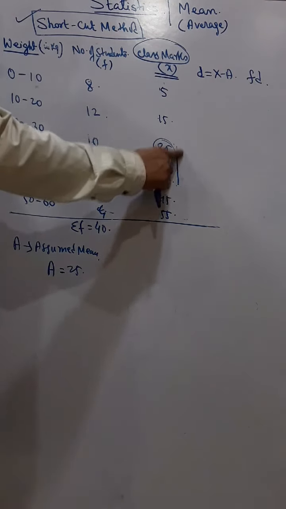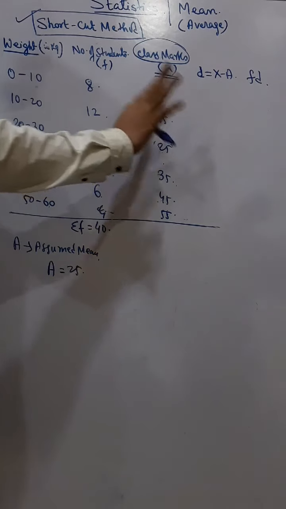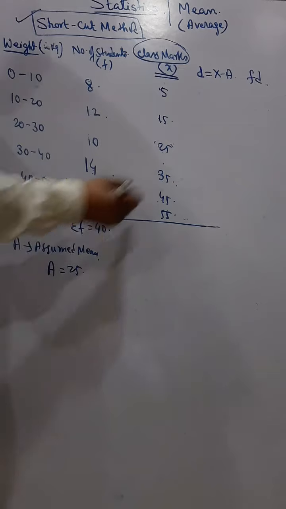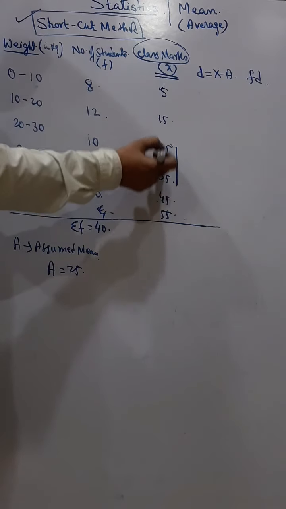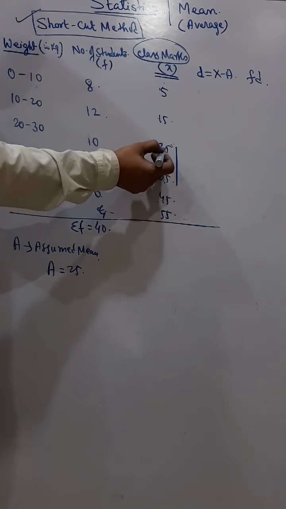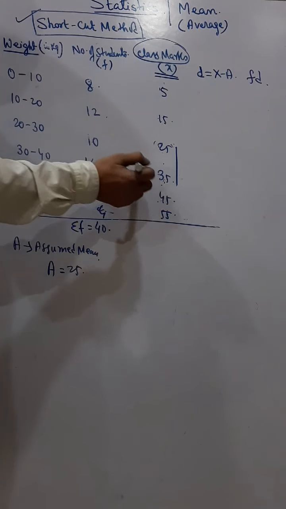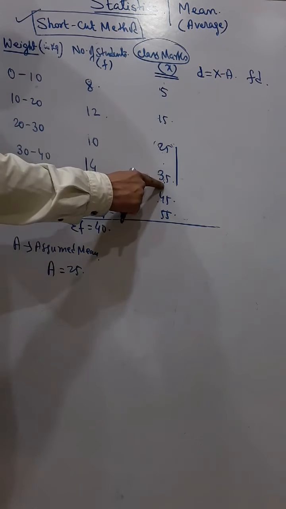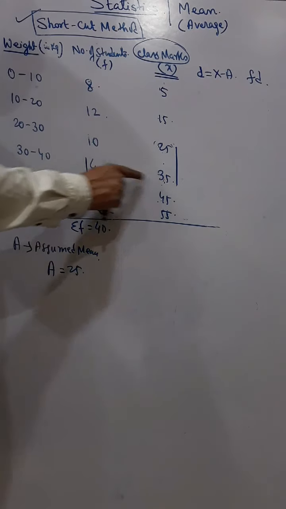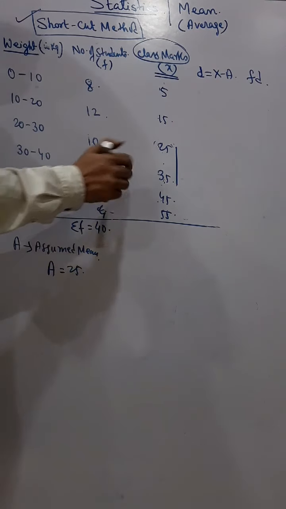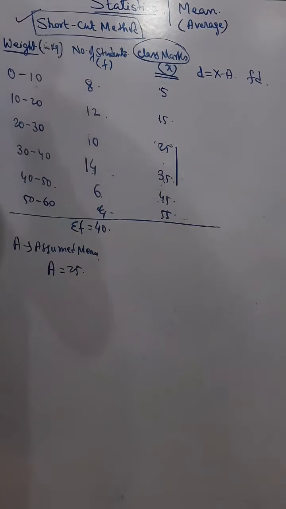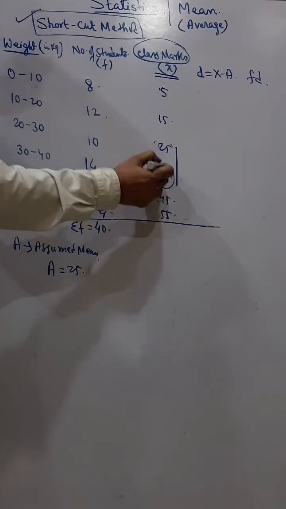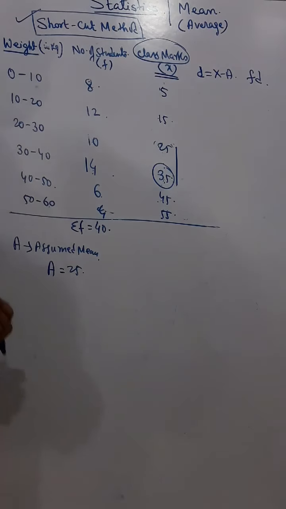Understand? Okay, now suppose the frequency of 35 is 14, and I have to choose between 25 or 35 as the assumed mean. I can see the frequency of 25 is 10 and the frequency of 35 is 14, so 35 has a higher frequency, and in that case I will take the assumed mean as 35.